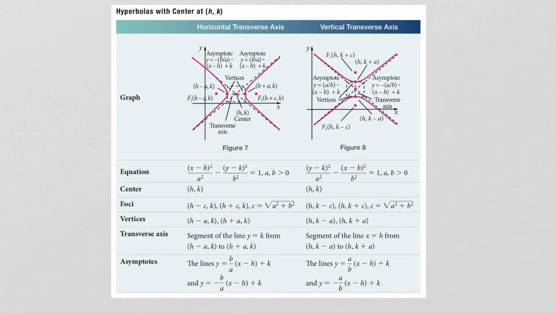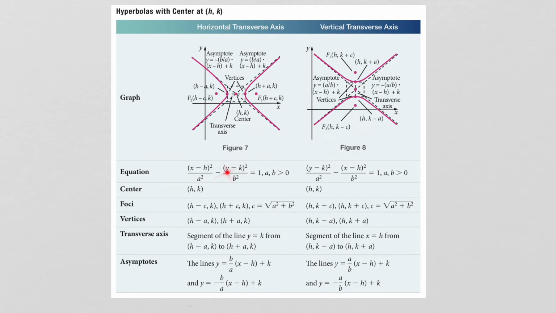So then the only other thing to talk about here is what to do when the center of your hyperbola is not at the origin. And just like what happened with the ellipse, if the center is not at the origin, if it's at some point (h, k), then your equation just has an x minus h and a y minus k in it. So if you compare this equation to the equation previously, it's the exact same thing, except that now instead of having just x squared here, we have (x minus h) squared.